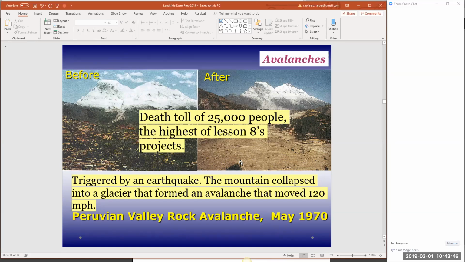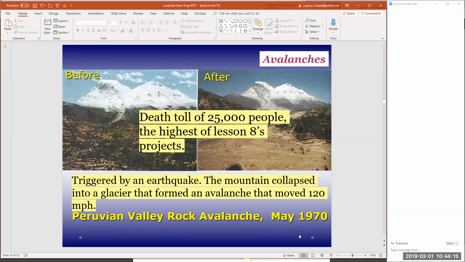In the case studies for lesson 10, there's one landslide that happened in Peru. It's Yungay, Peru. It happened in 1970. And this type of disaster, it's an avalanche. It was triggered by an earthquake. The mountain collapsed into a glacier that formed an avalanche that moved 120 miles per hour.